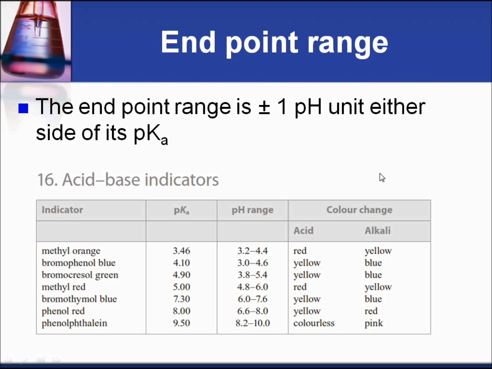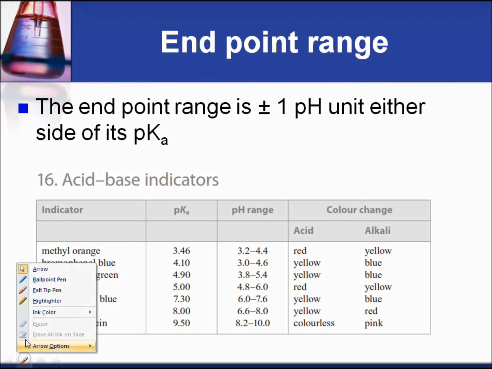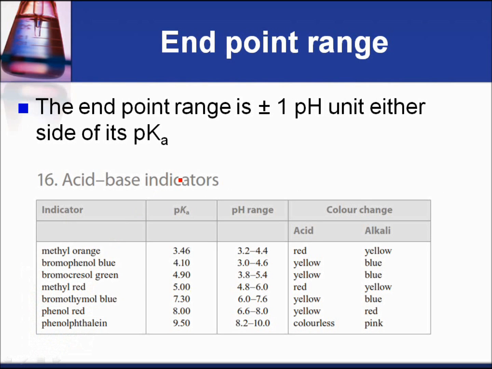Okay, so the end point range. The end point range is plus or minus 1 pH unit either side of its pKa. So for example, let's take methyl orange, and by the way, these are from table 16 of the data booklet. Methyl orange has a pKa of 3.46.